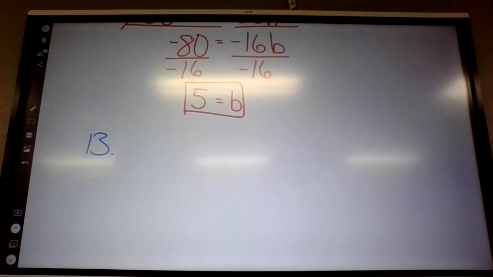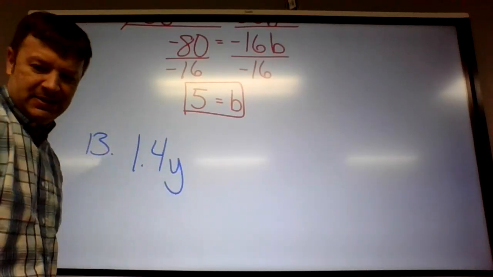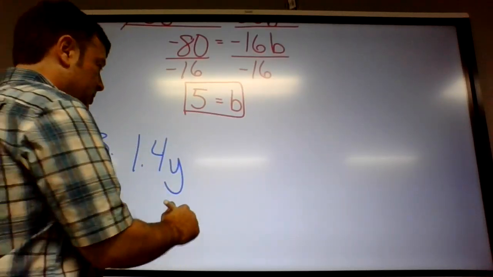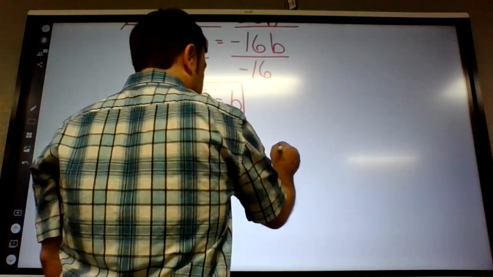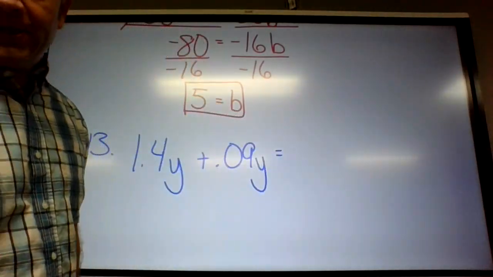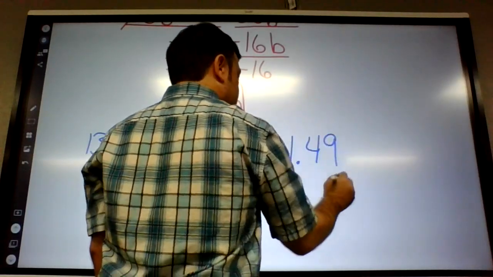All right, on 13, some of these terms have 2 decimal places. So what would we have to multiply by? 100. Now, basically multiplying by 100 just moves all the decimal places 2 times.